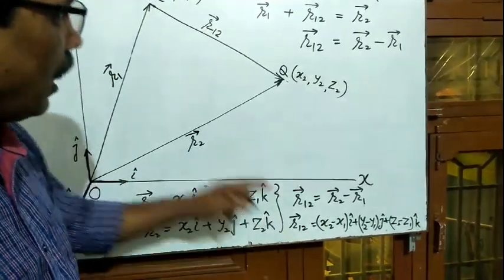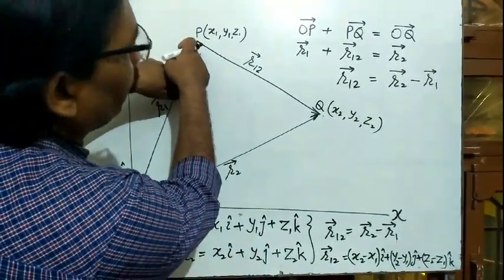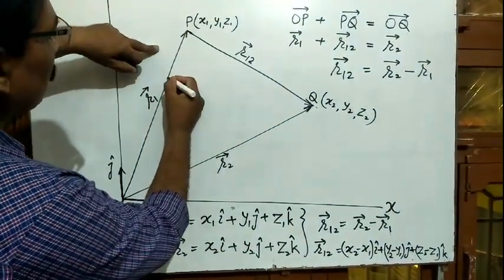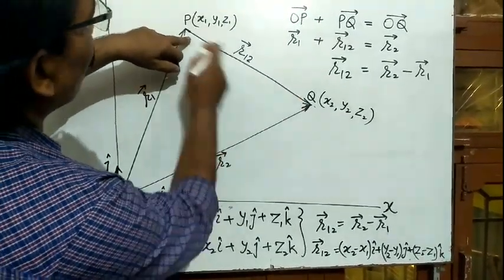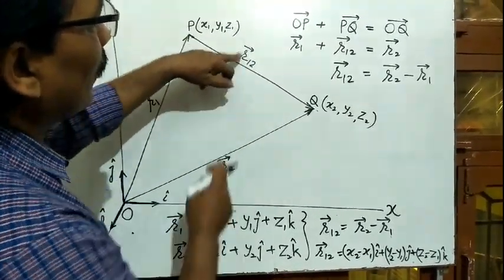Clear? So this is vector r12 from P to Q, or this is the displacement between point P and Q given by vector r12.